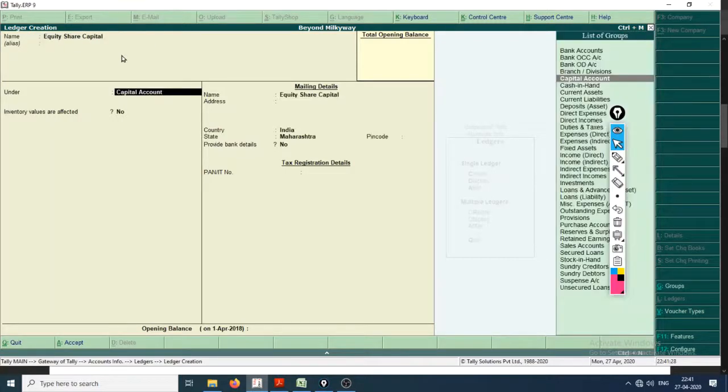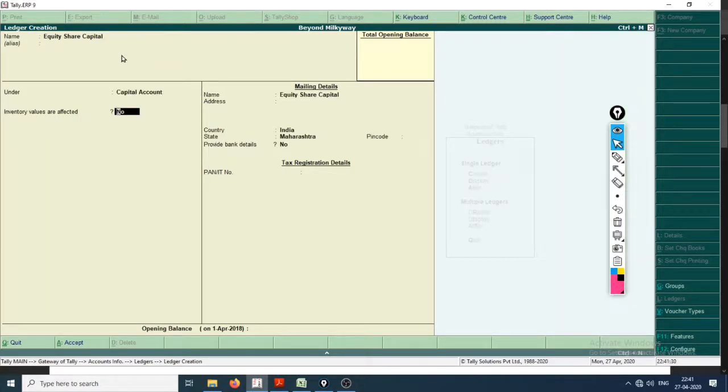Okay, it comes under the head capital account, and the opening balance is 2,65,80,000. So as I previously mentioned to you, if it's an old company and it is now moving towards the accounting software Tally, it will always ask you for opening balance. So yeah, this is the opening balance.